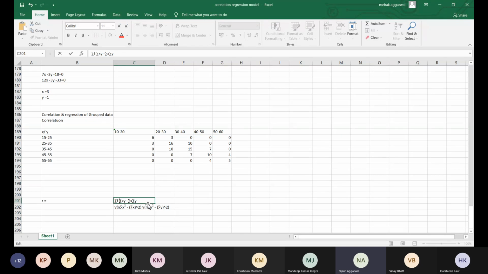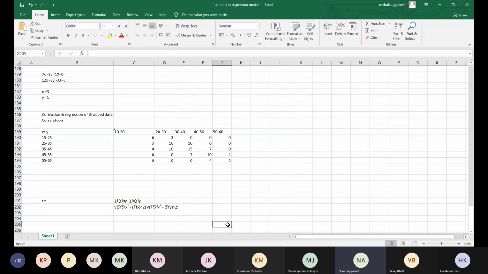So the formula becomes sigma f, and sigma xy is replaced by sigma fxy minus summation fx into summation fy, divided by under root of summation f into summation fx square minus summation fx whole square, and again summation f summation fy square minus summation fy whole square.